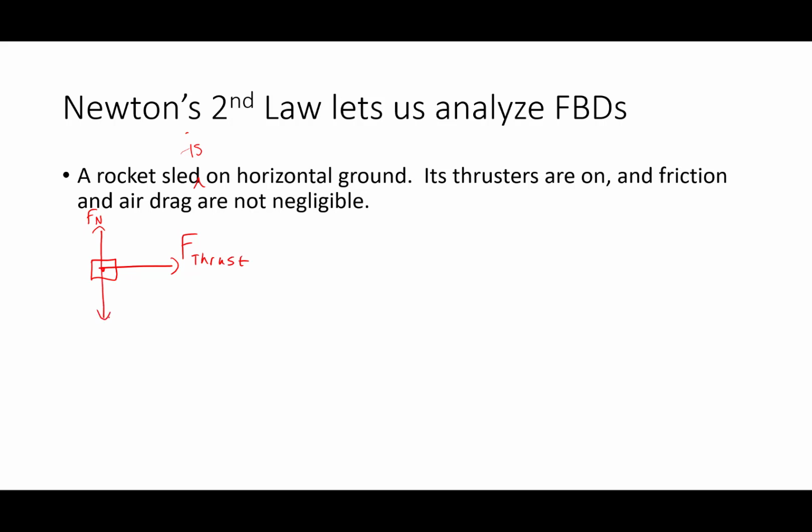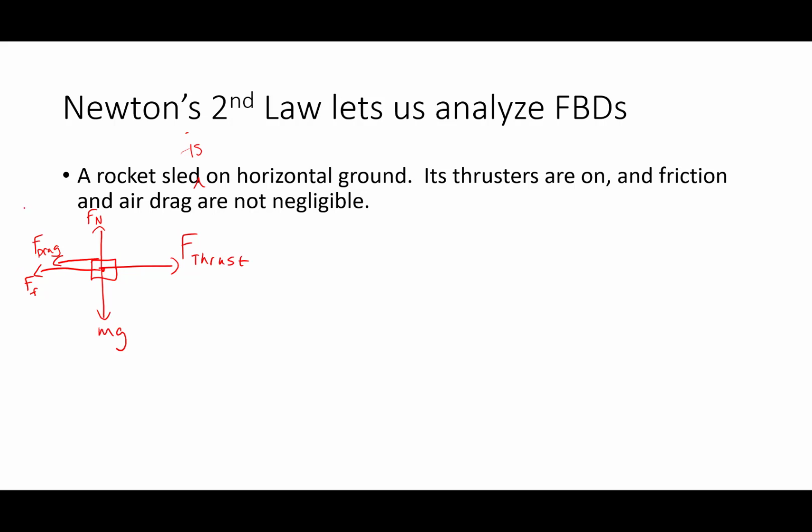And we know that gravity is going to be pulling down, force of mg. Since it's not accelerating up or down, it's on the ground, normal and mg should be about the same size. We have two backwards forces, force of drag from the air and the force of friction. We don't know which one's going to be bigger. I'm just labeling them like this.